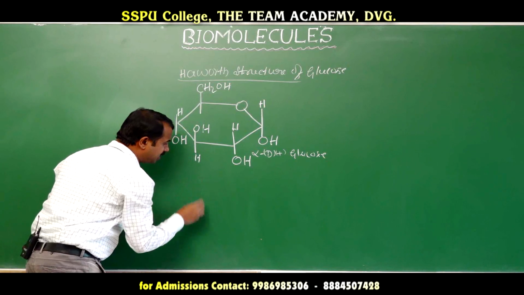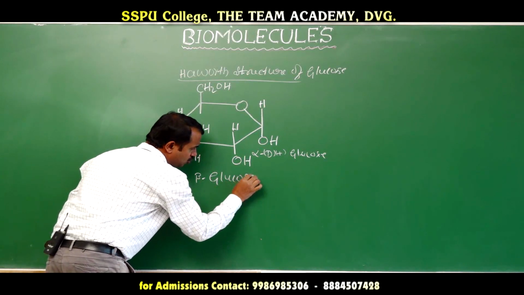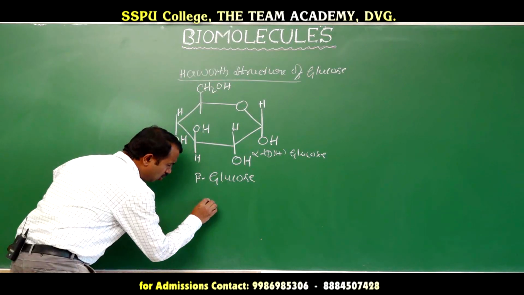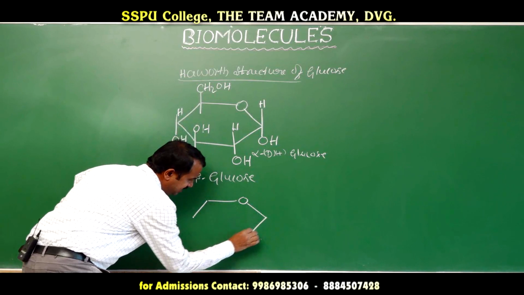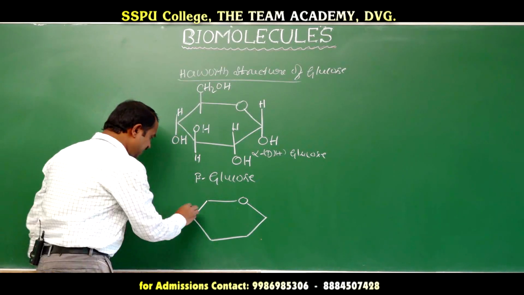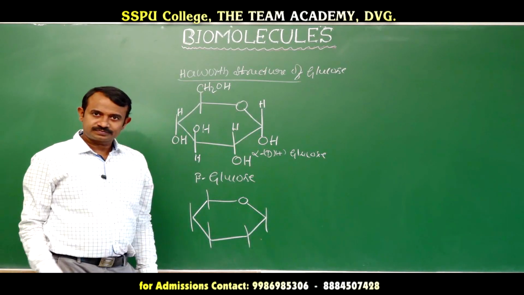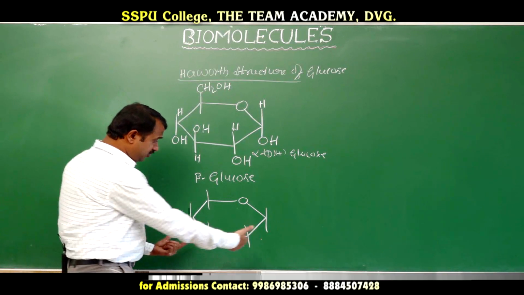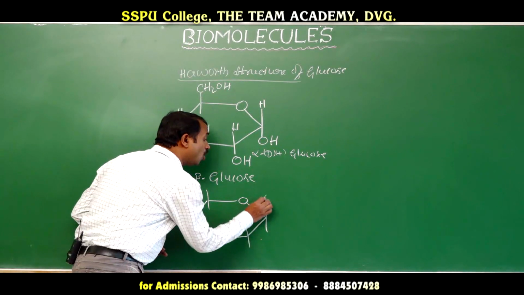Next we will go for the beta. This is beta glucose. Okay, beta glucose here. You should write here, this is the pyranose. Each carbon here. This is the structure. In alpha glucose, you have to write the OH. Here OH is above.